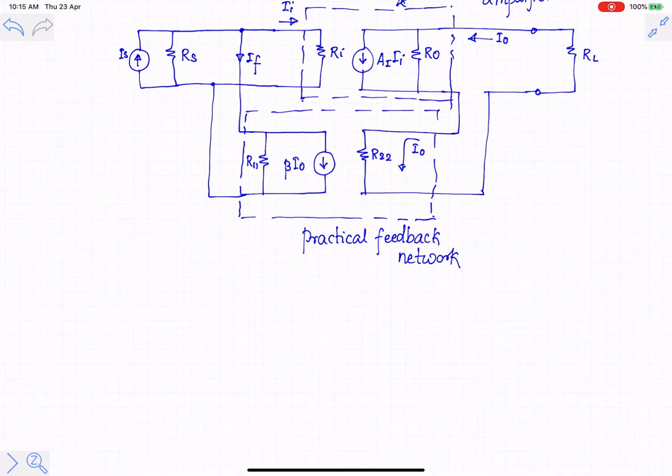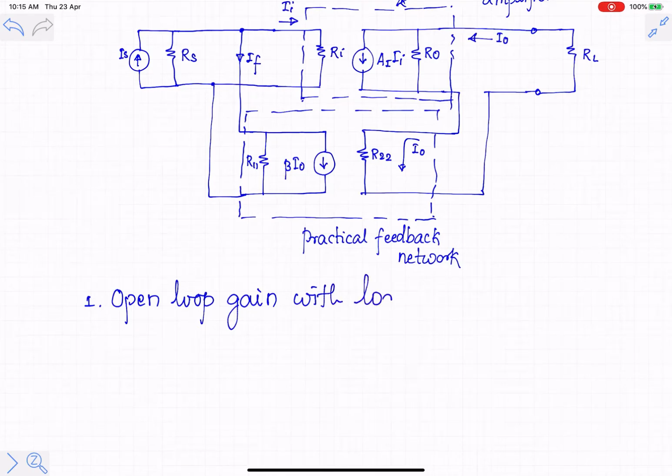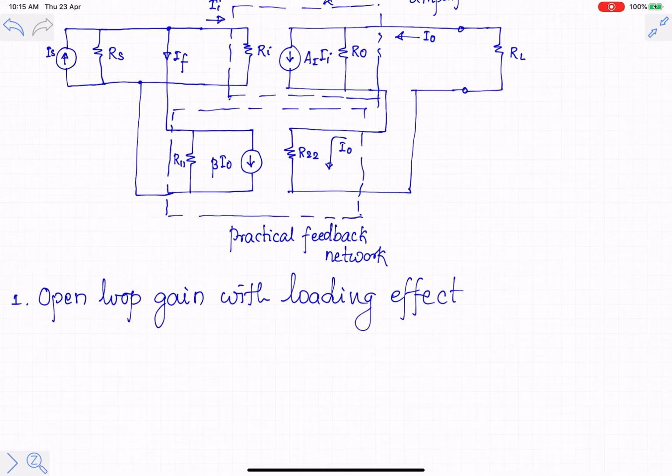So first we will see how to calculate the open loop gain, but it is with loading effect, which is shown by AI open. So feedback should be destroyed, but the resistances R11 and R22 should remain in the circuit.